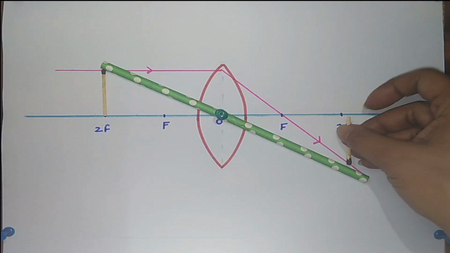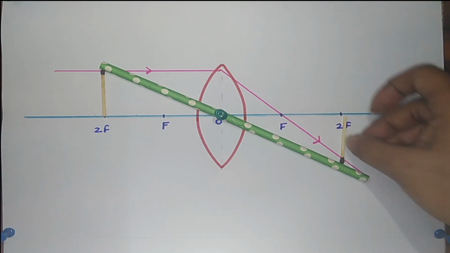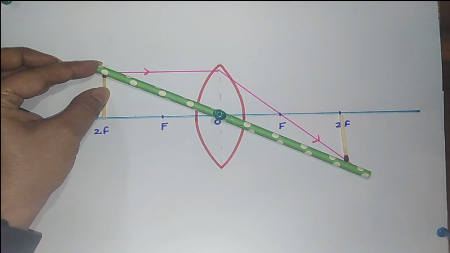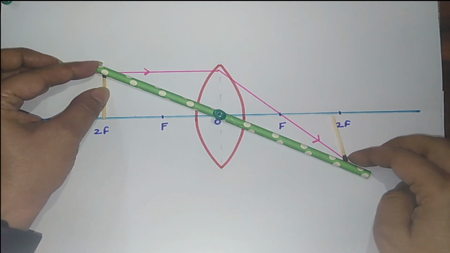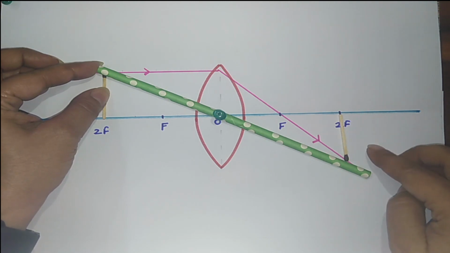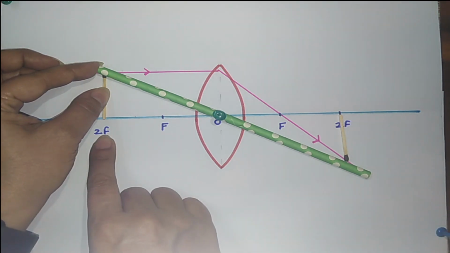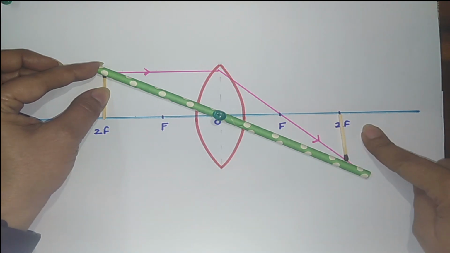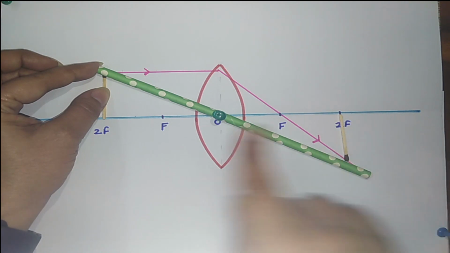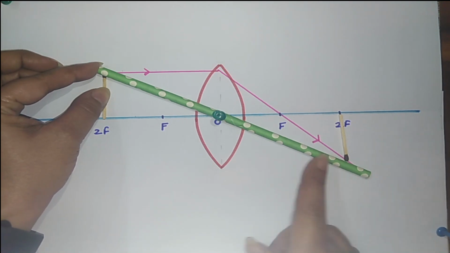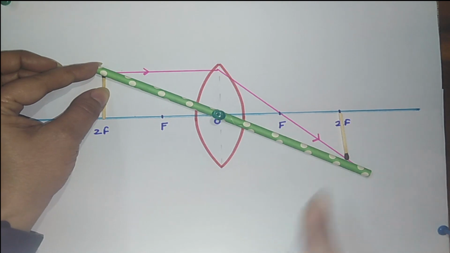Wherever the two meet, we get the position, size and nature of the image formed. Here we can see that if the object is placed at 2F, the image will be formed at 2F. It is again real and inverted, and it is exactly of the same size. I have kept another matchstick over here, which shows that the size is exactly the same.